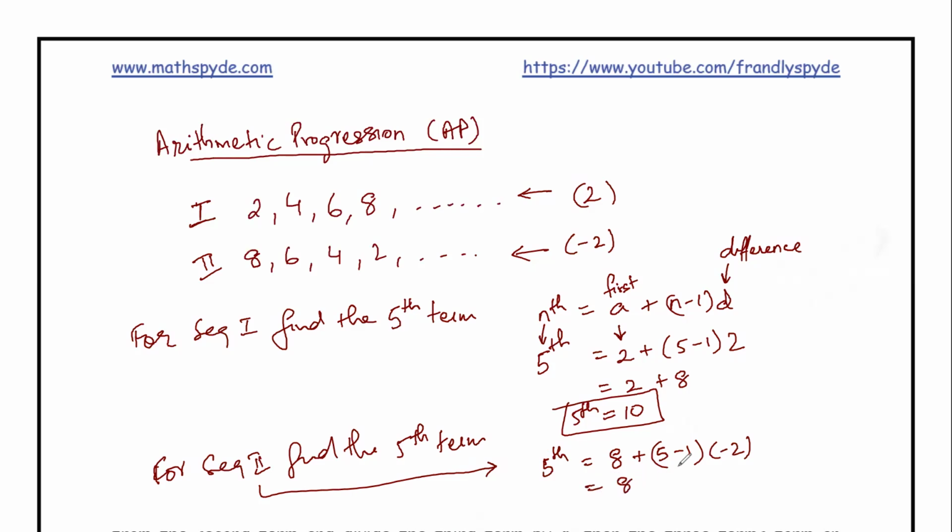So you have 8, and 4 into negative 2 is negative 8, and therefore you get 0. Understood? That's your fifth term. So remember the nth term formula: a is the first term, d is the difference, and n is the nth term. Okay, moving on.